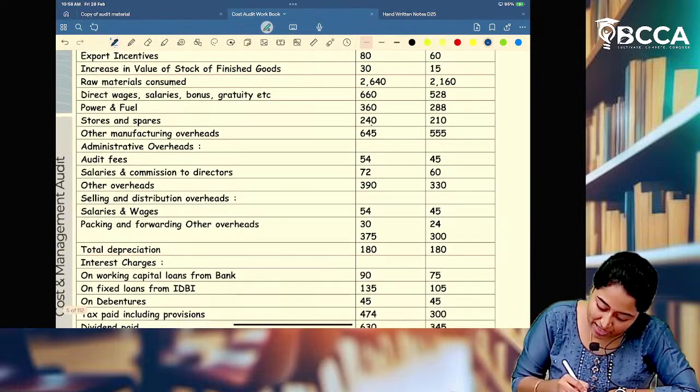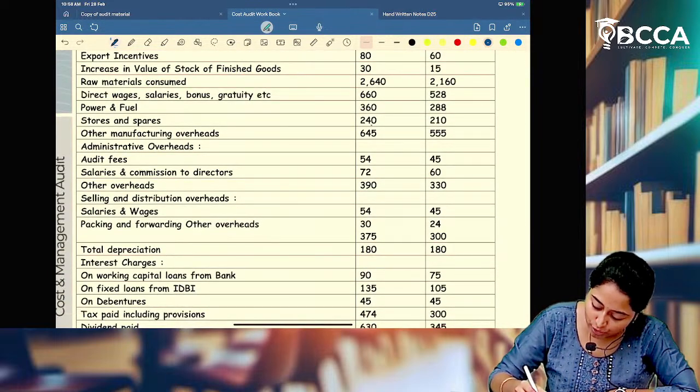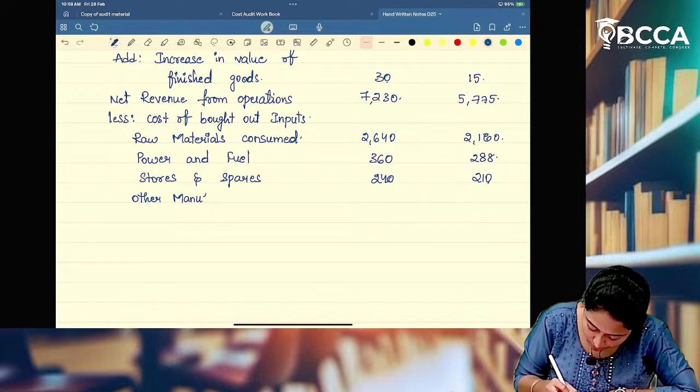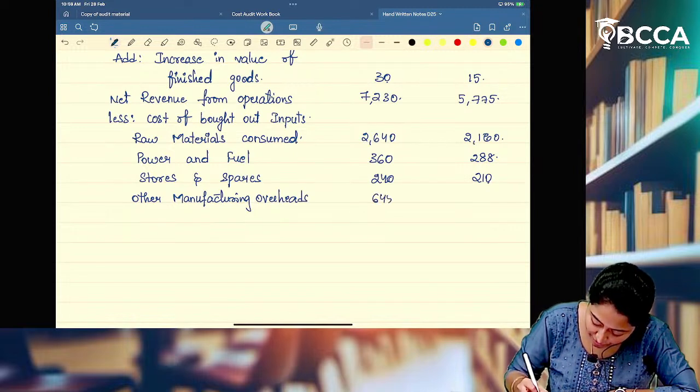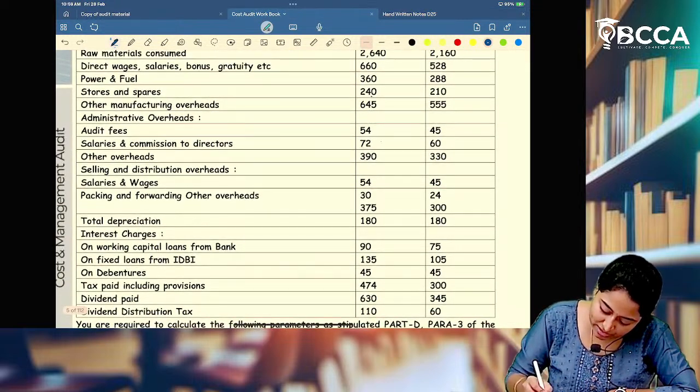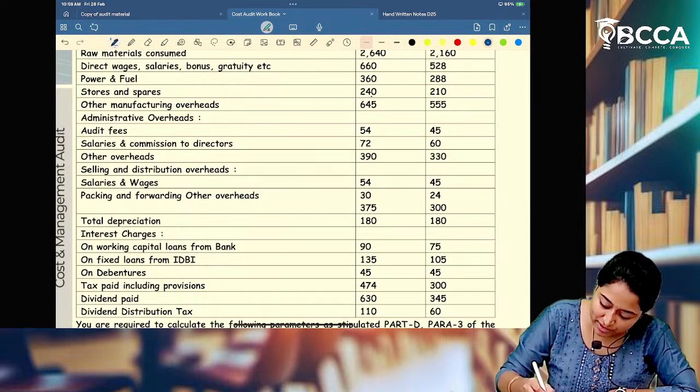Then we have other manufacturing overheads, $645 and 555.